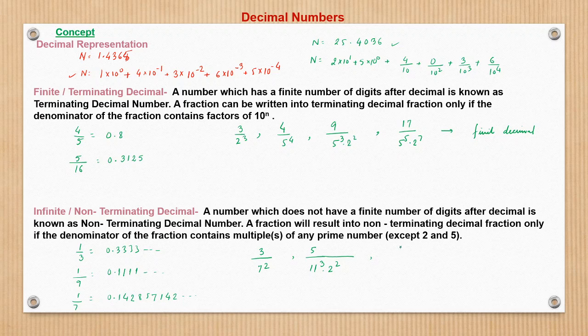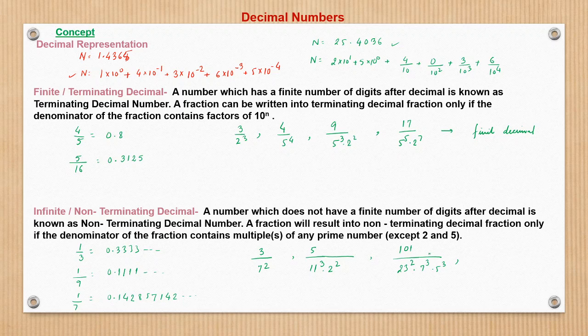Then suppose this is 101 upon, say, any prime number, we take 23 raised to power 2 into 7 raised to power 3 into 5 raised to power 3. Though it has 5, since it also has powers of 23 and 7, this fraction would be non-terminating.